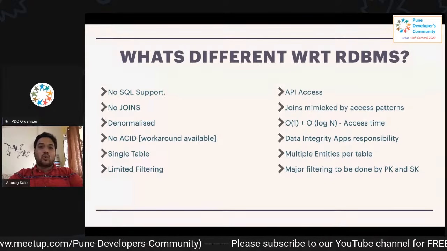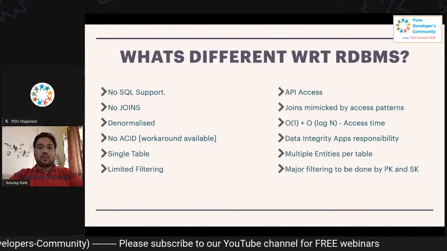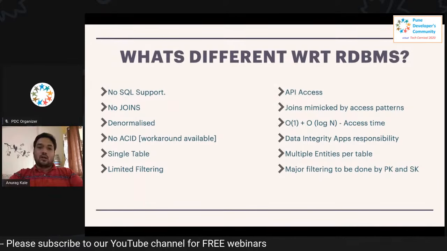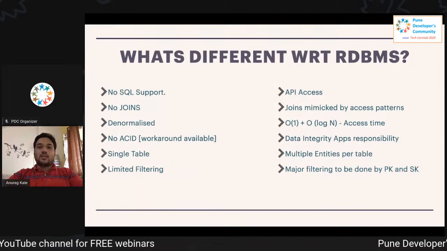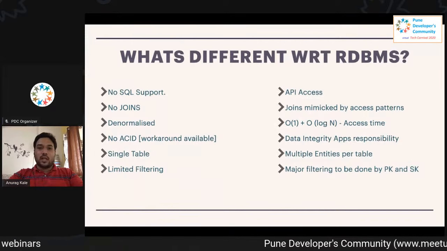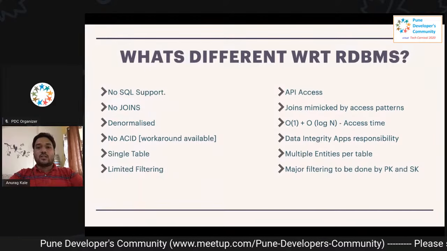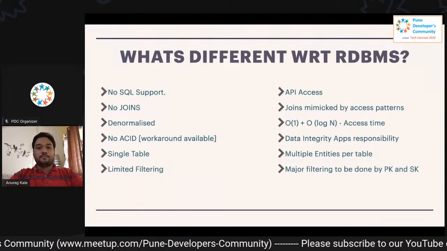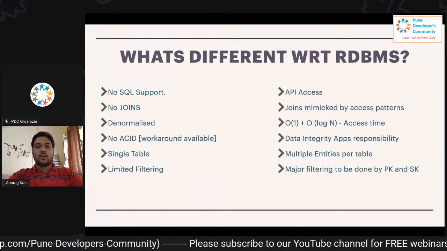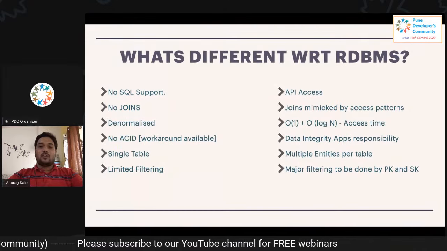But nowadays storage has become very cheap, but compute has become costlier. So it's okay to denormalize because storage is cheaper anyway, and try to save on as much compute as possible. That is the entire philosophy behind NoSQL databases or DynamoDB.